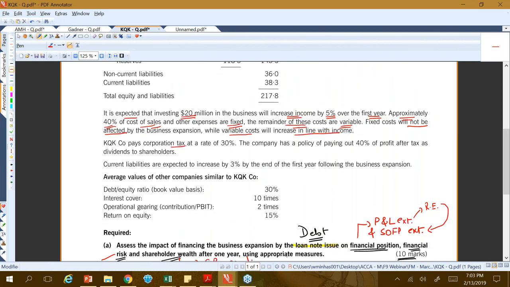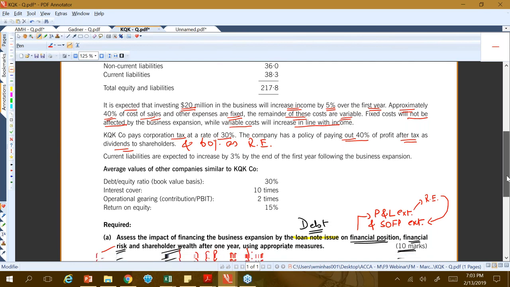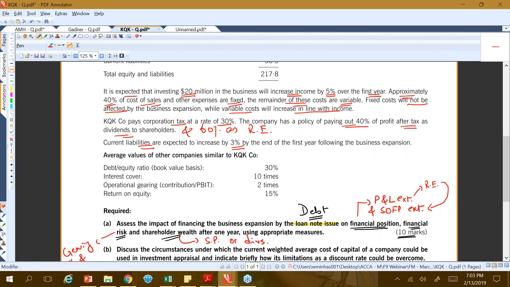KQK pays tax at 30%. The company has a policy of paying out 40% of profit after tax as dividends to shareholders and 60% as retained earnings, the remaining portion, which you already know. Current liabilities are expected to increase by 3% by the end of the first year following the business expansion.